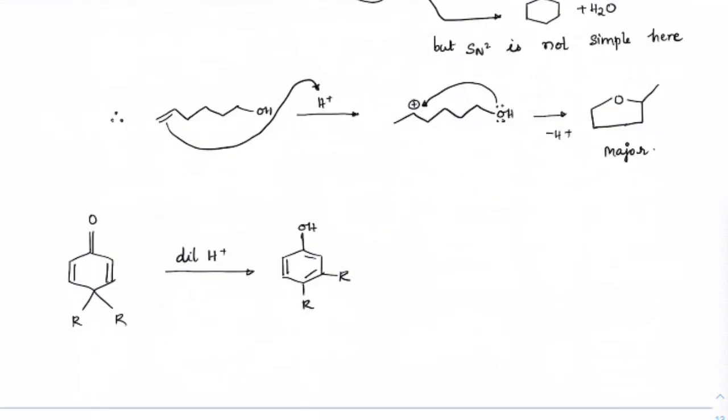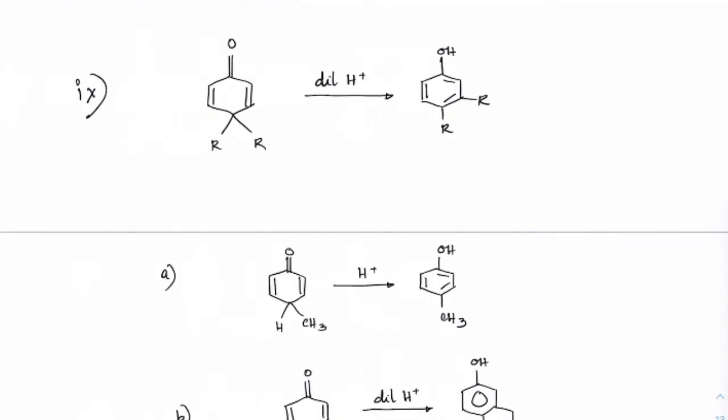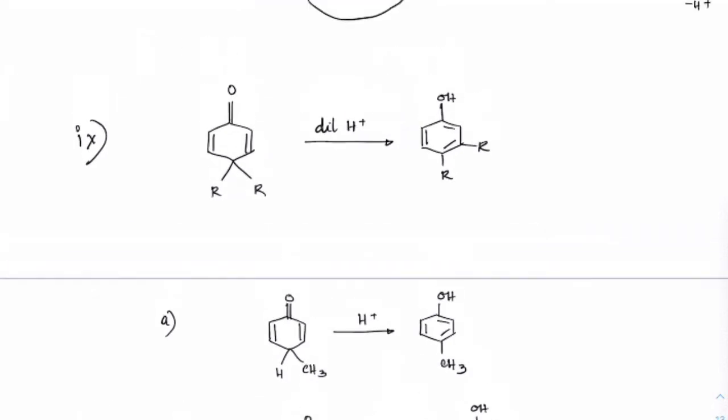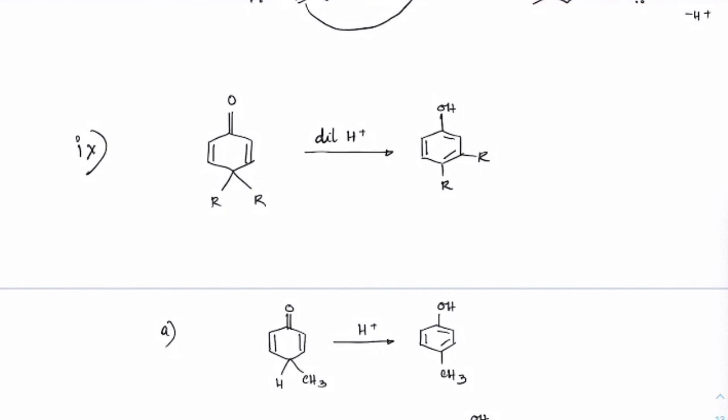Got it? Last thing what you will see, dienone rearrangement. We have already seen this last class, where you have C double bond O. If you have two R groups here and in the presence of H plus, first the lone pair will take away this H plus.